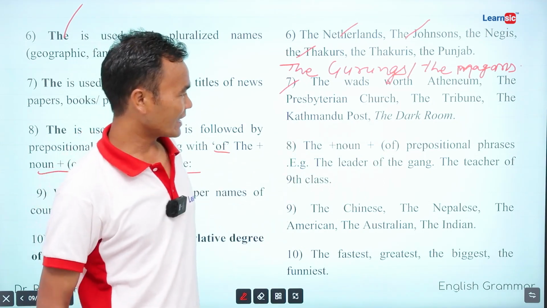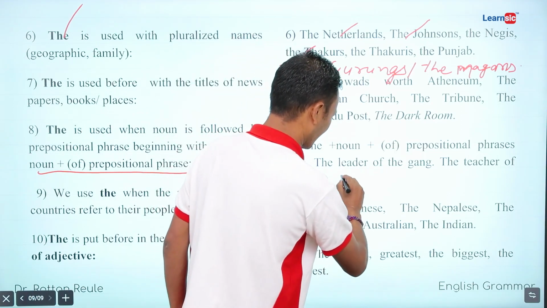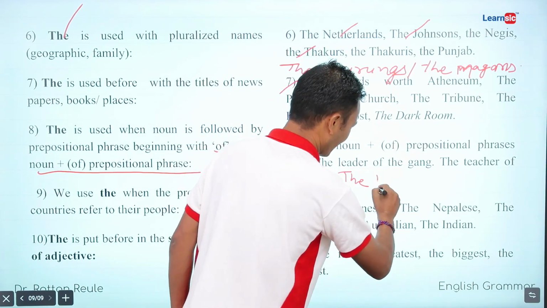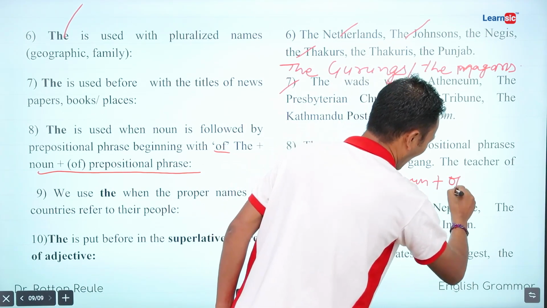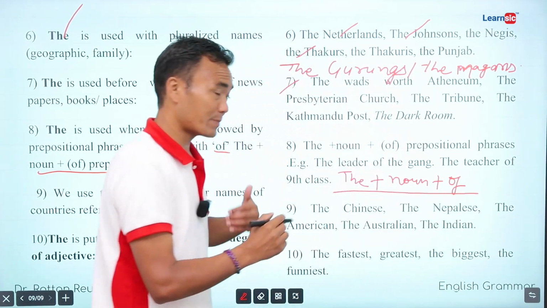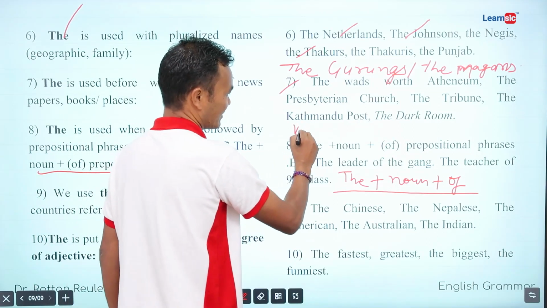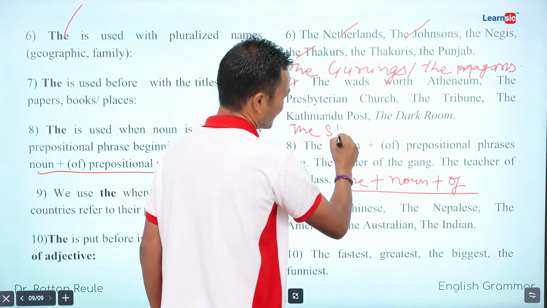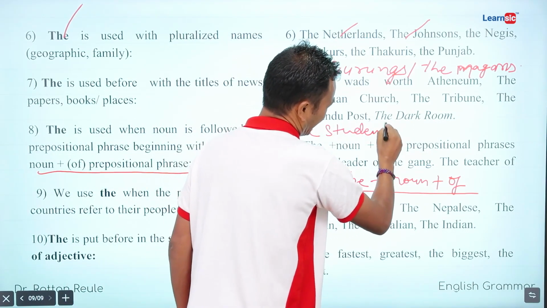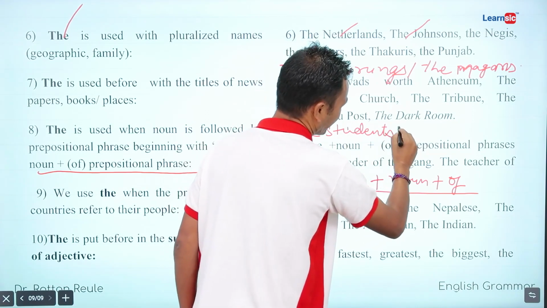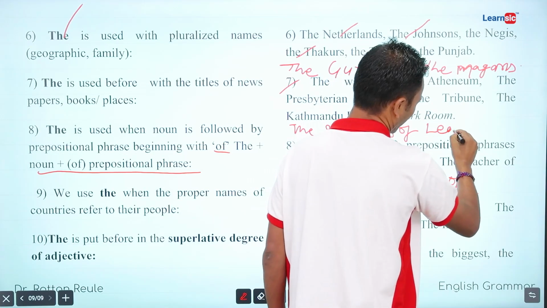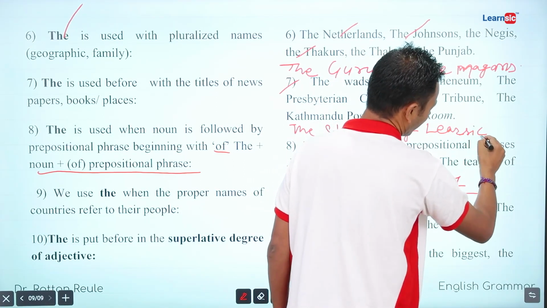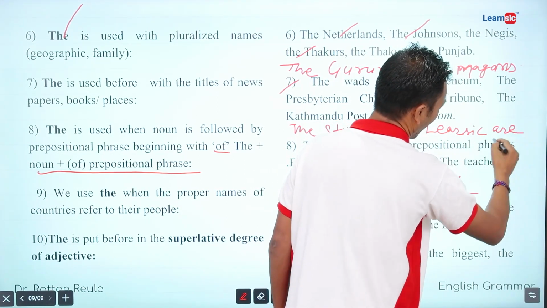So here we can say that first we write the plus noun, and if it is followed by of, it makes a specific sense. For example, the students of Learnsic are active.